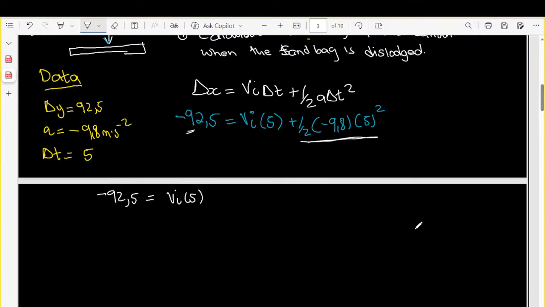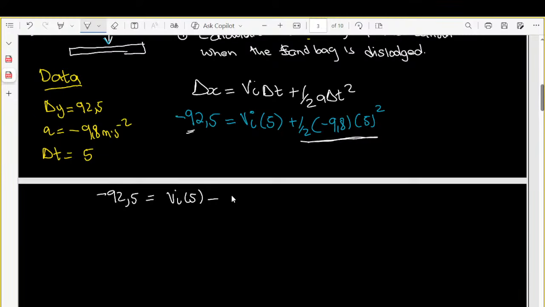I'm also putting it on my calculator on my side. I got negative 122.5. Okay, let's see if I get the same answer. I got negative 122.5, right?